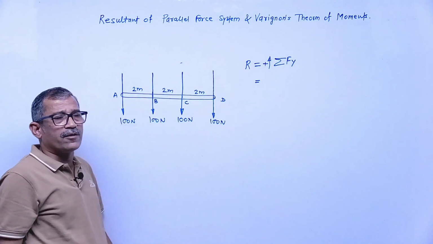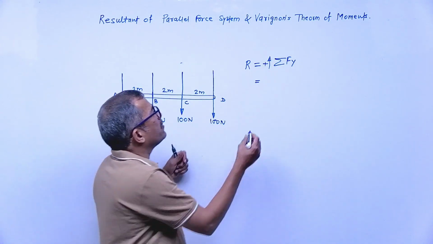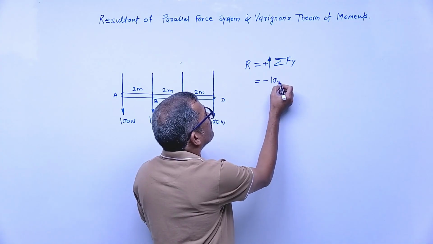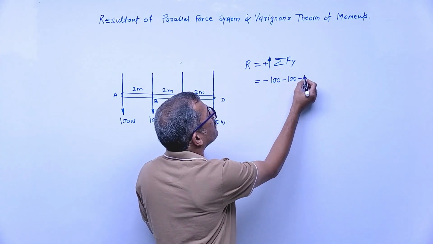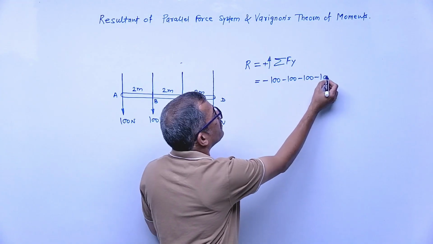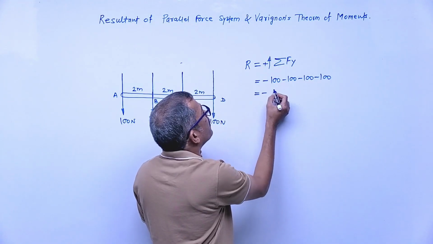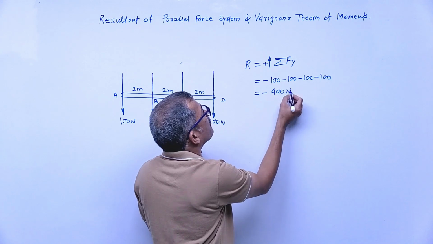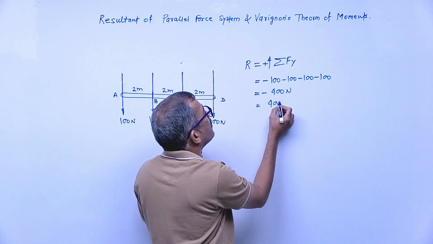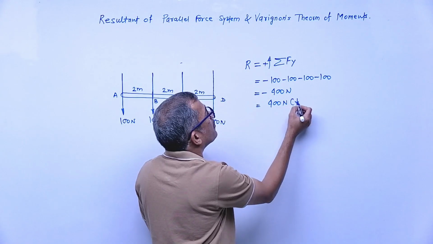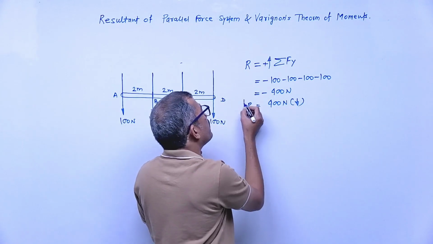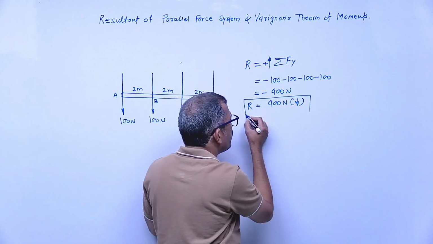This is our sign convention. These are all downward, so we get minus 100 each, that means minus 400 Newton. The negative sign represents 400 Newton downward. So we got the resultant, but it is not this simple.